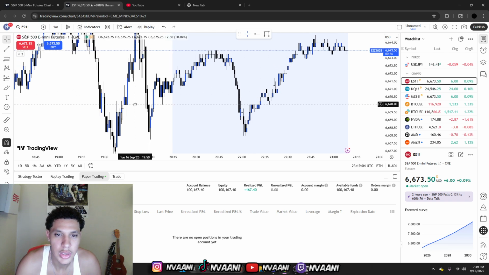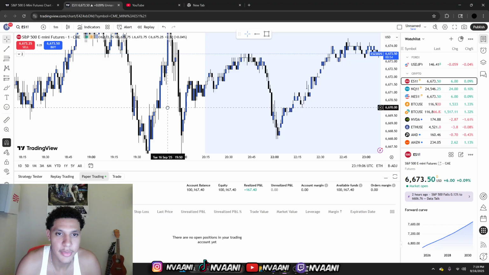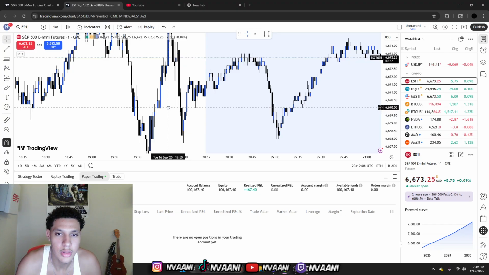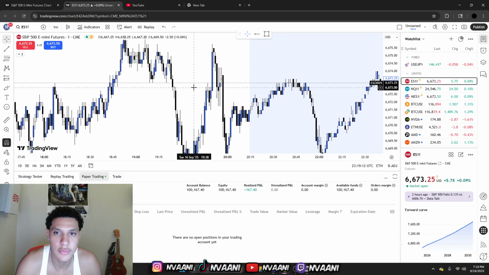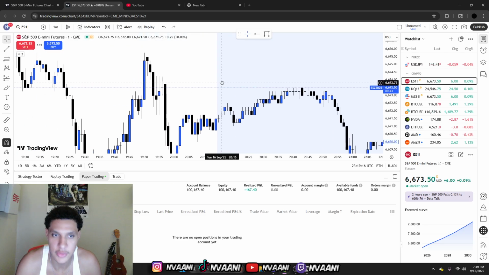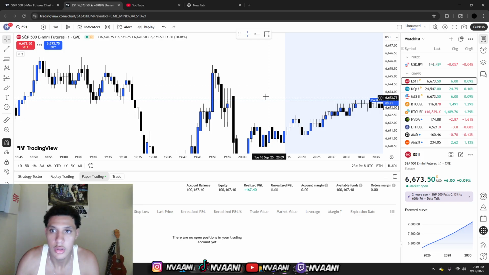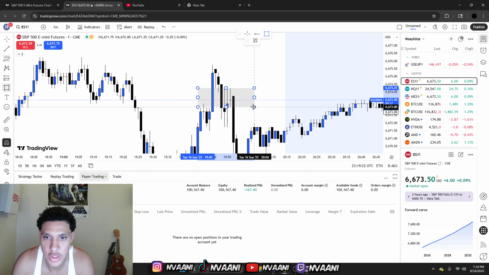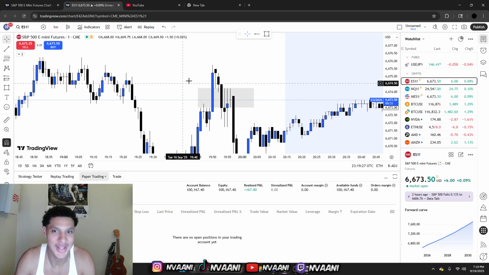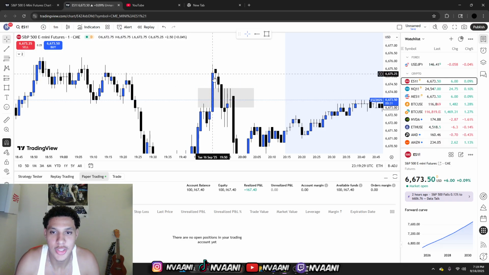So, a fair value gap. Let me try to find one, or a good example of what I would say is good to look at. Okay, yeah, this is perfect for inverse fair value gaps. So, we have a bullish fair value gap right here, and then I already showed this one, but you have a bullish fair value gap.